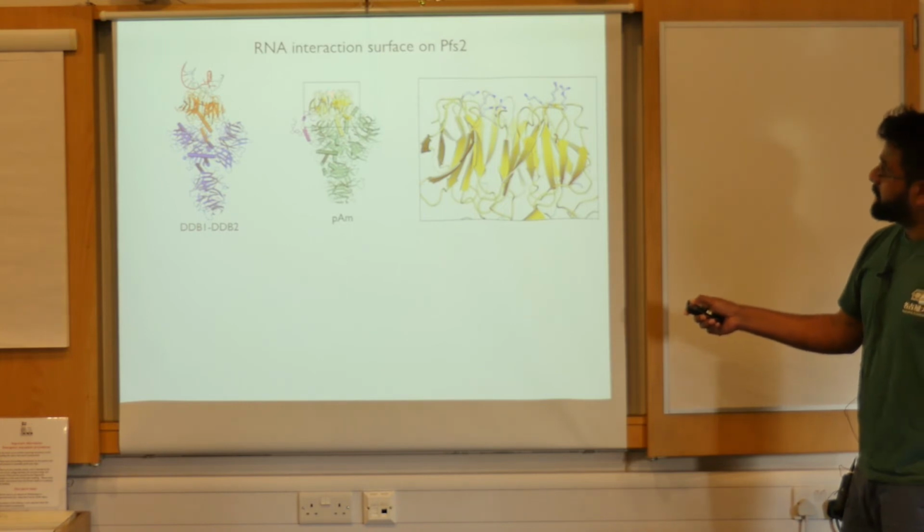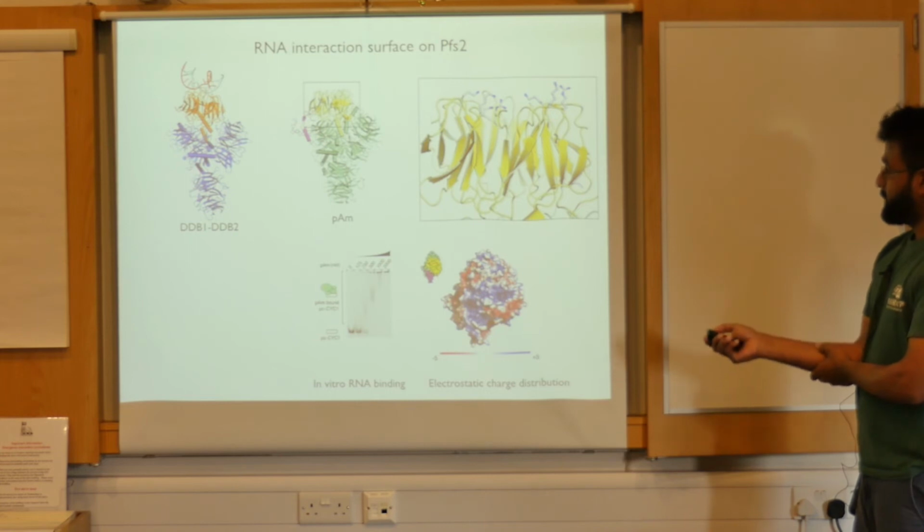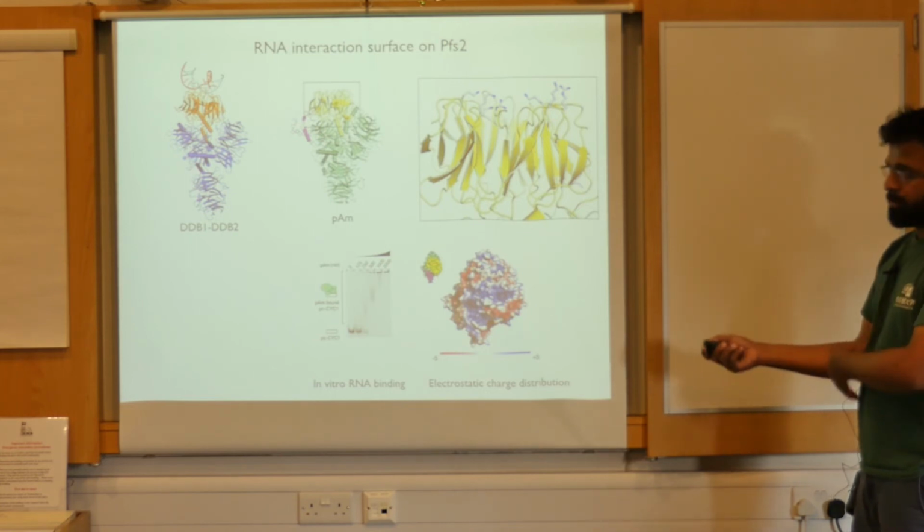In my structure, we found very similar amino acids which are highlighted here, which have the potential to interact with a negatively charged moiety like a nucleic acid. So comparing my structure with a previous structure, we can now predict how this protein complex can also interact with nucleic acids. And I also verified their interaction biochemically.